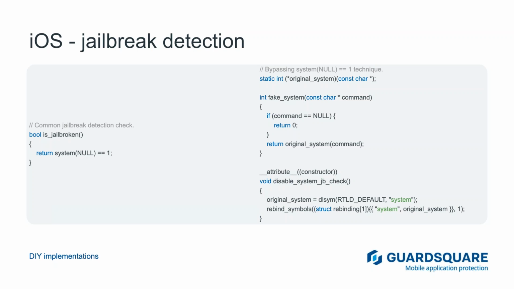So what's wrong with it? It's too basic. It's a really well-known check, both for developers and for attackers, and attackers already know how they can bypass it. Also, in this scenario, it would only be executed once.